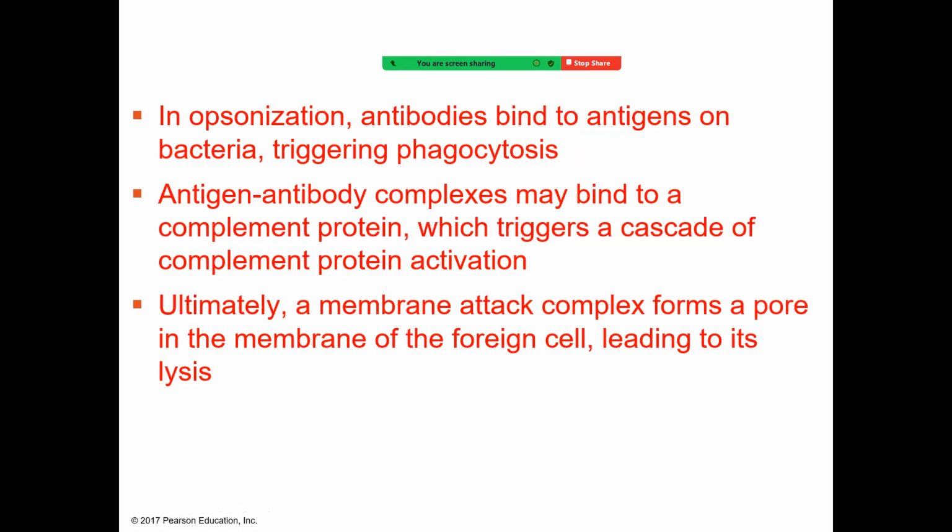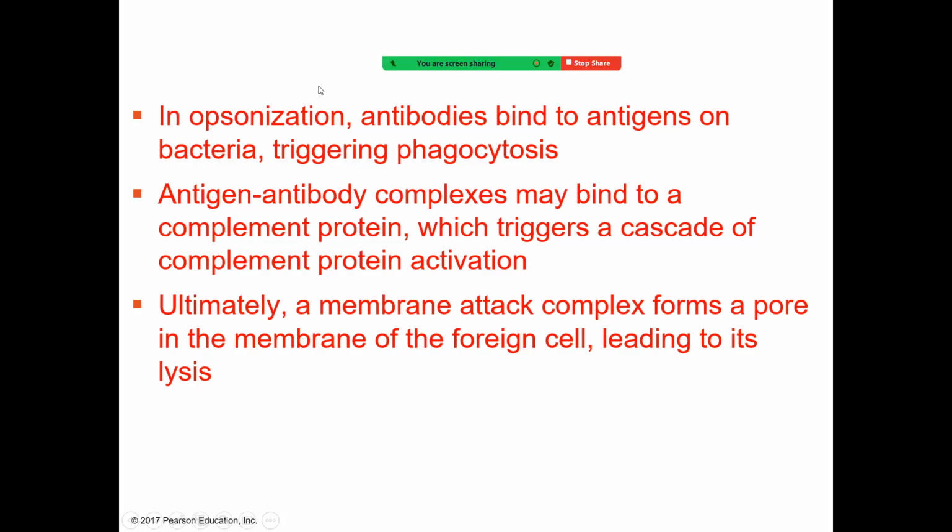Opsonization is where antibodies that are released from those B cells bind to the antigens on the bacteria, and this triggers phagocytosis. Phagocytosis, remember, is the process of macrophages or other types of phagocytes that are traveling around in tissues, eating up anything that is foreign.